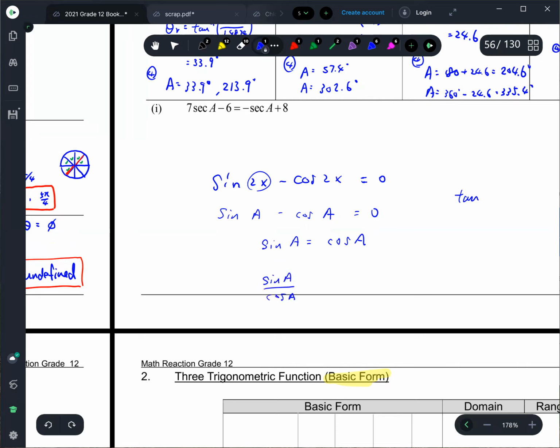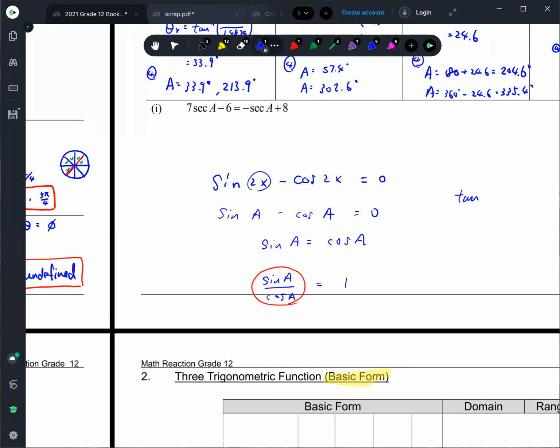If I divide cosine on both sides, equals to what? Equals to 1. Yeah, okay. And then now the left side looks like a quotient identity. So I can replace that with tangent. Very good.